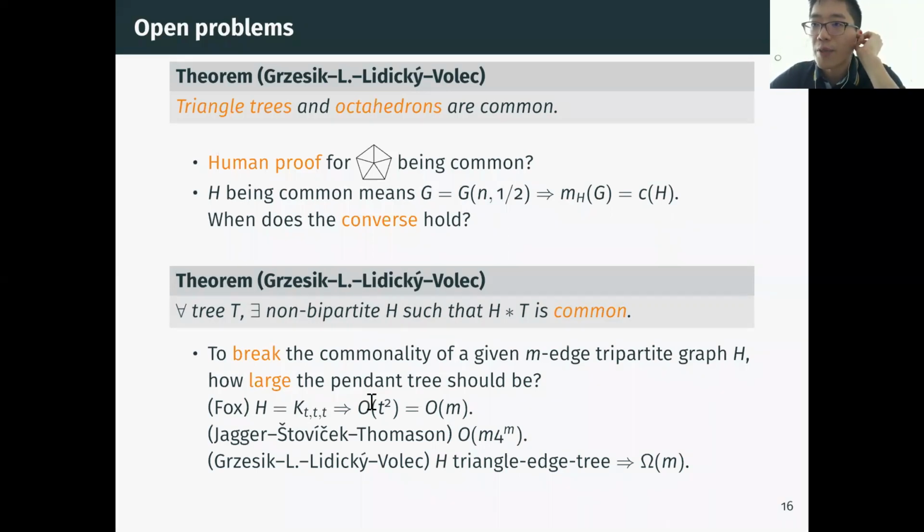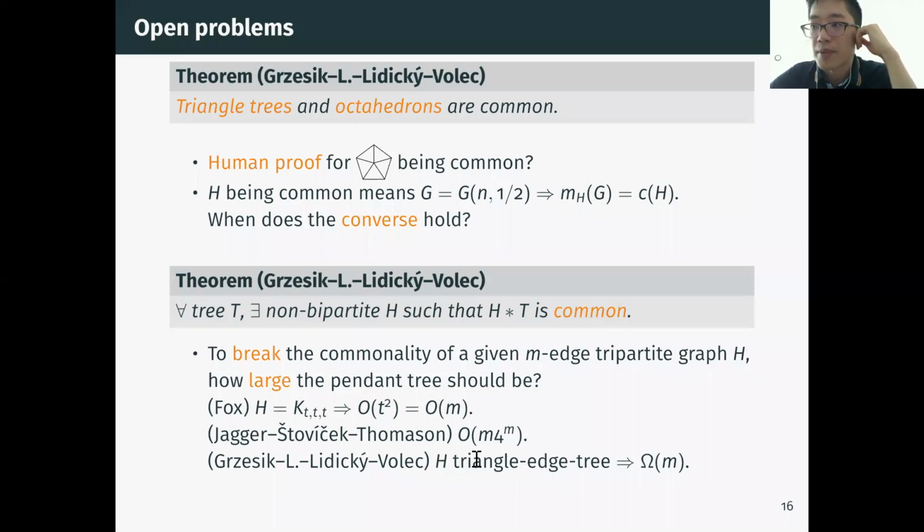And then what he proved is that attaching some constant times t squared sized tree breaks the commonality, which means this is essentially linear because t squared is roughly the number of edges in the complete tripartite graph. And what Jagger, Šťovíček, Thomason obtained for non-bipartite graphs in general is some exponential bound.